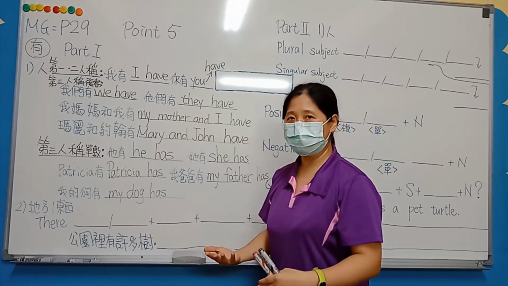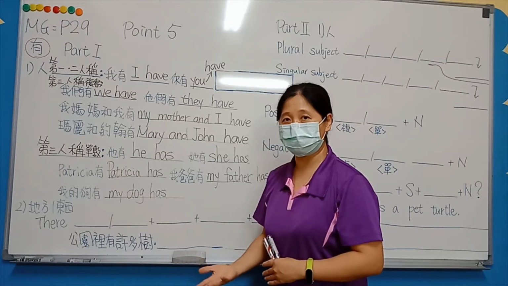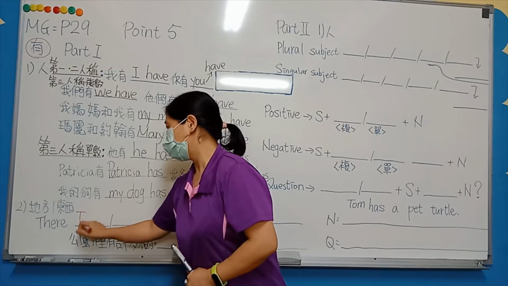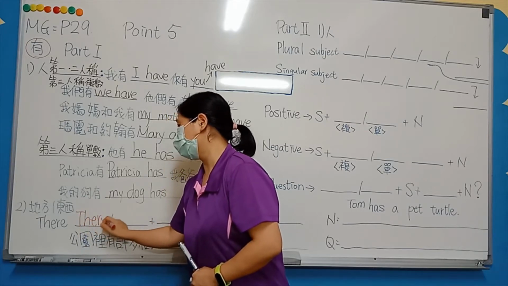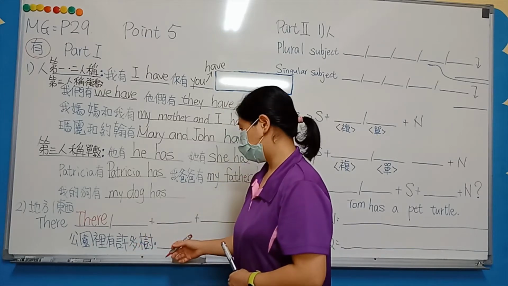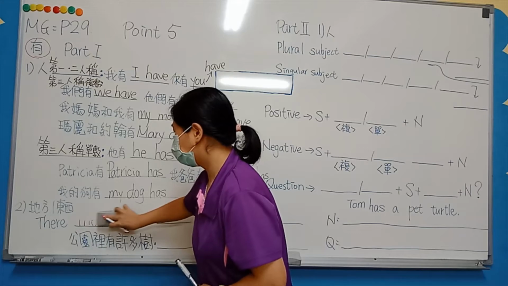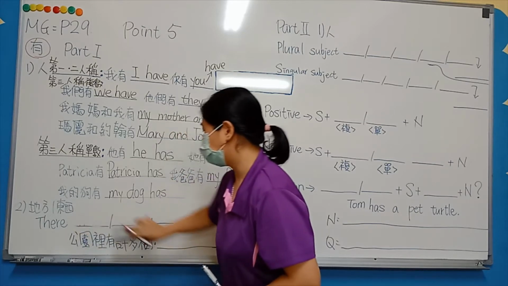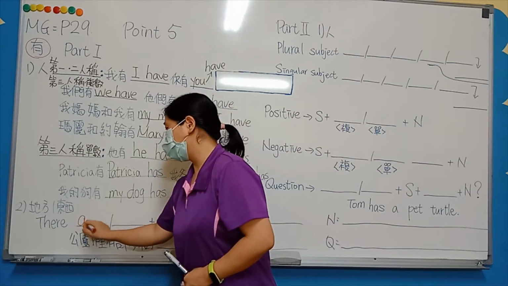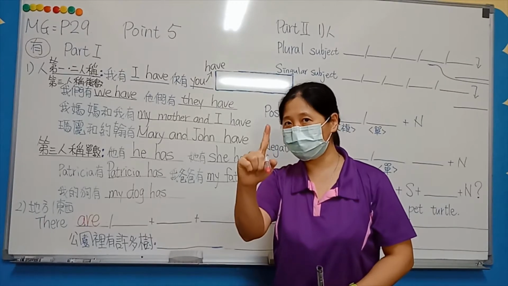So you need to say, there are 5 people in the classroom, right? So here you need to use there. Okay, I say are. Sorry, there. There is it. There are.